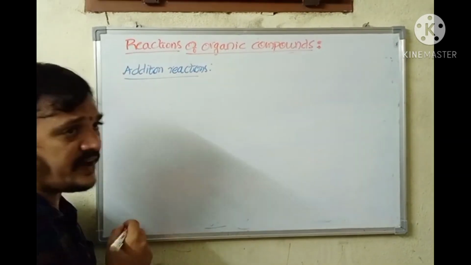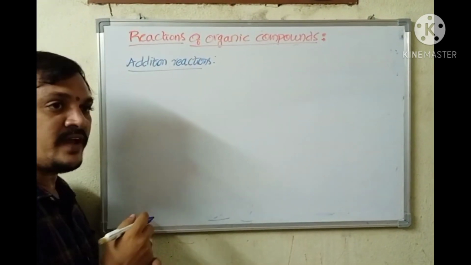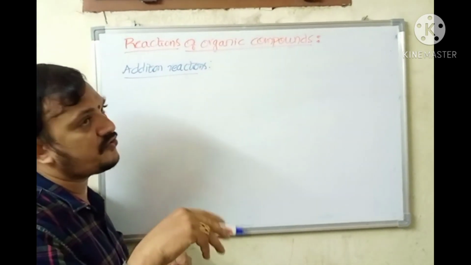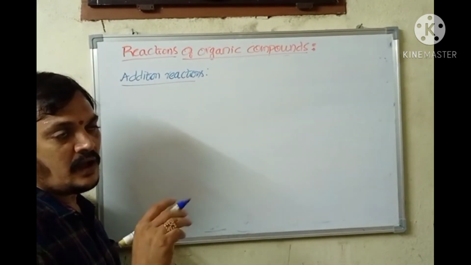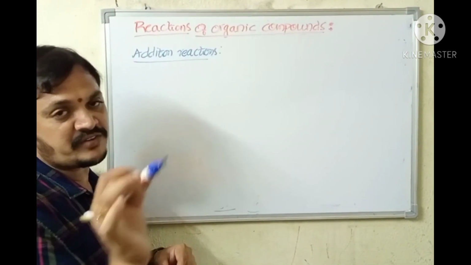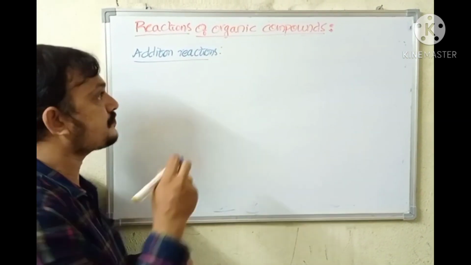These reactions can be defined as a chemical reaction in which an alkene or alkyne combines with hydrogen or chlorine under suitable conditions. That suitable condition is nothing but the presence of a catalyst.